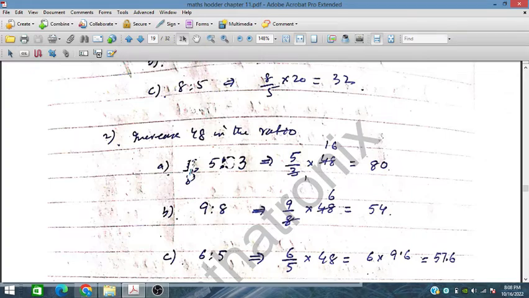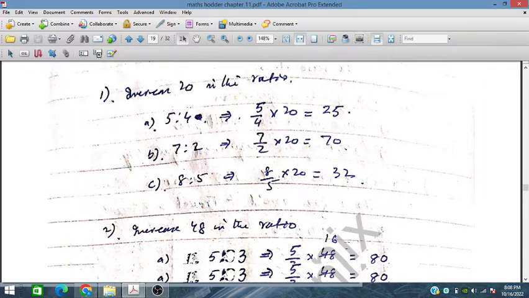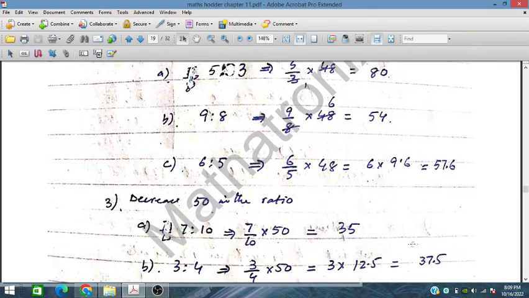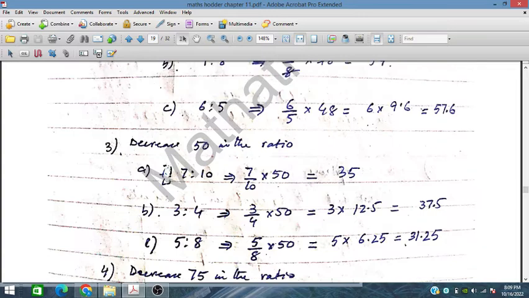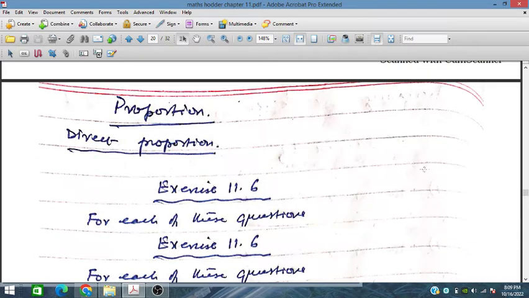Similarly 9 by 8, and 6 by 5, are increasing, giving more than 48. Similarly for decreasing, decrease 75 in the ratio 2 by 3, which gives 50. 7 by 10 of 75 is 52.5, and 5 by 6 of 75 is 62.5.